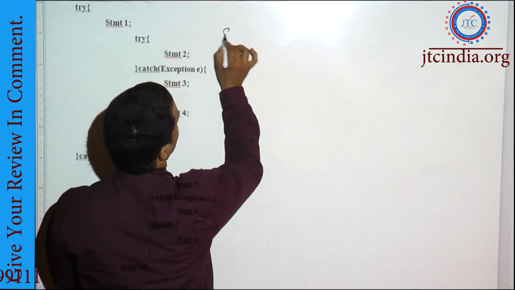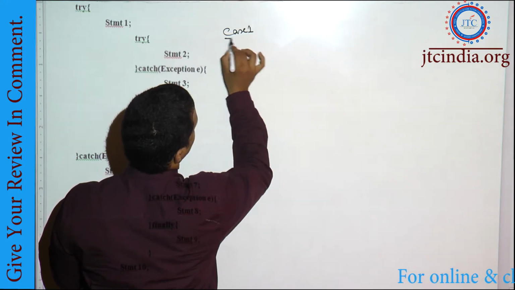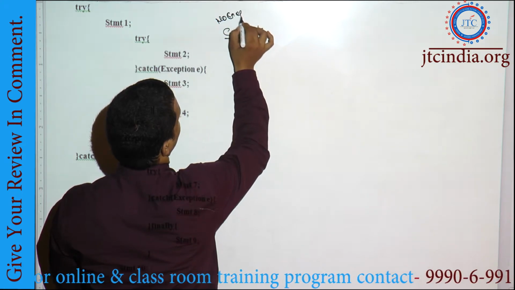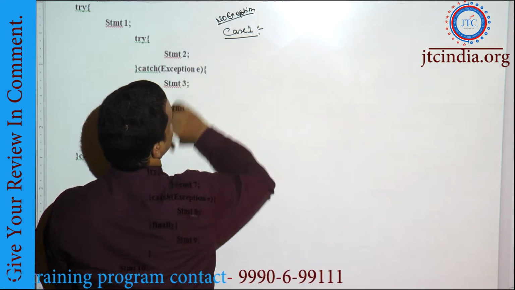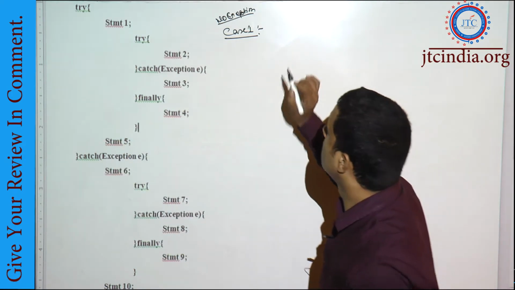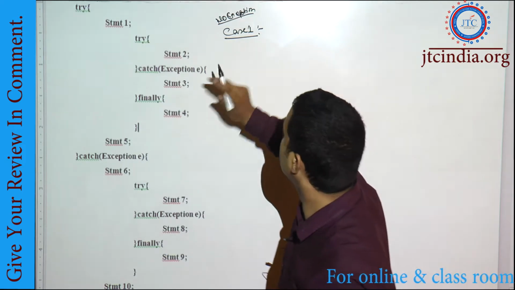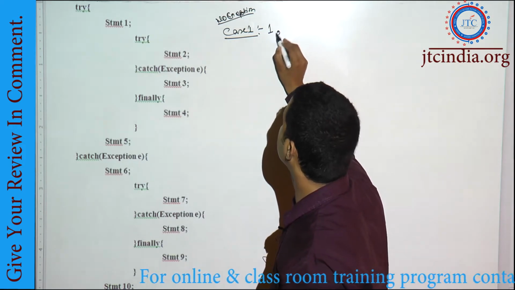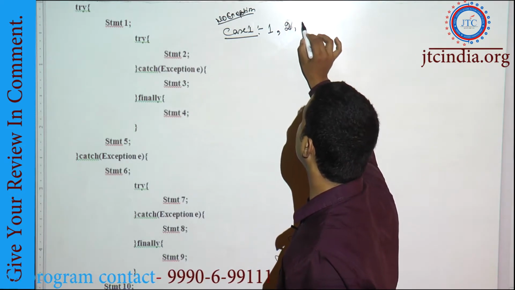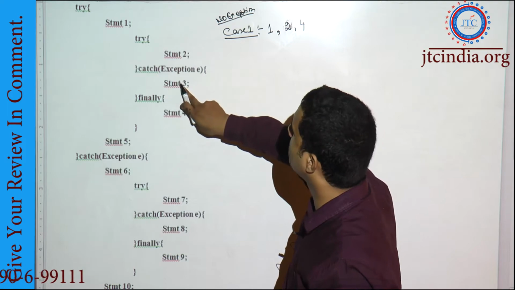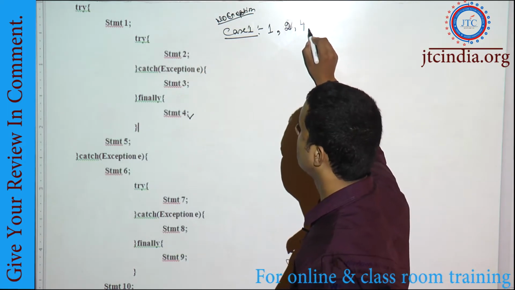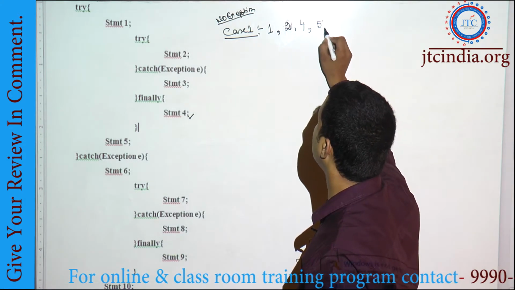Case 1 is no exception occurred. Then statement 1 is processed, statement 2 will be processed. Statement 3 will not be processed because here no exception occurred, so 3 will not be processed, 4 will be processed. After processing 4, 5 will be processed.